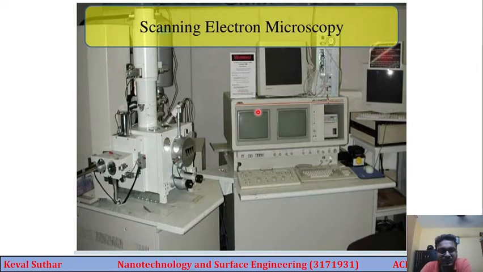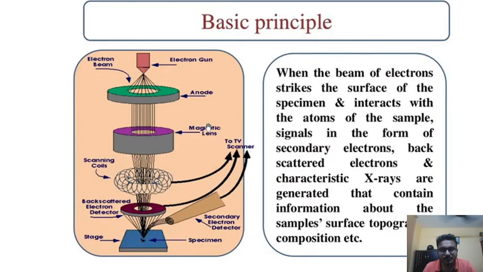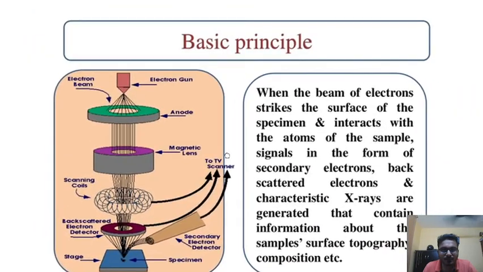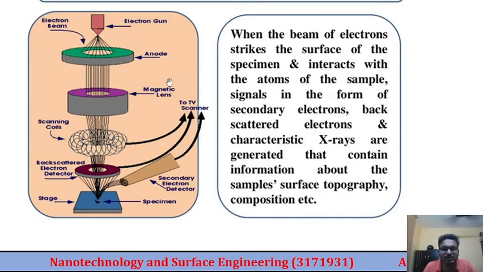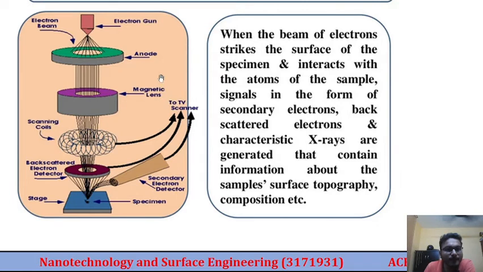You can pause this video and have a look at this. So here is the detailed principle of this methodology. So here let us discuss about this. First of all, the important part is our specimen, on which we need to have some information or details.